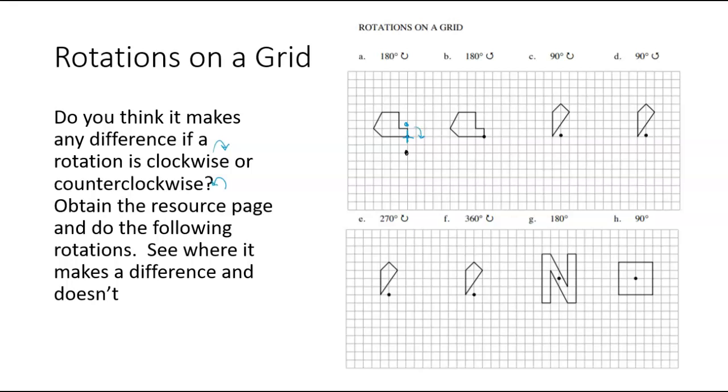If it was 90 degrees, it would have moved just right here, 270, things like that. So again, the dot's just there to help you. So go ahead, pause the video, and try to do these rotations on a grid.